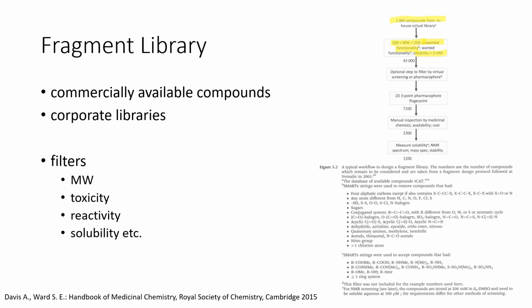It will be elucidated in another lecture. So the library was limited to 7,010 compounds that were manually inspected by a medicinal chemist, and limited to 1,300.